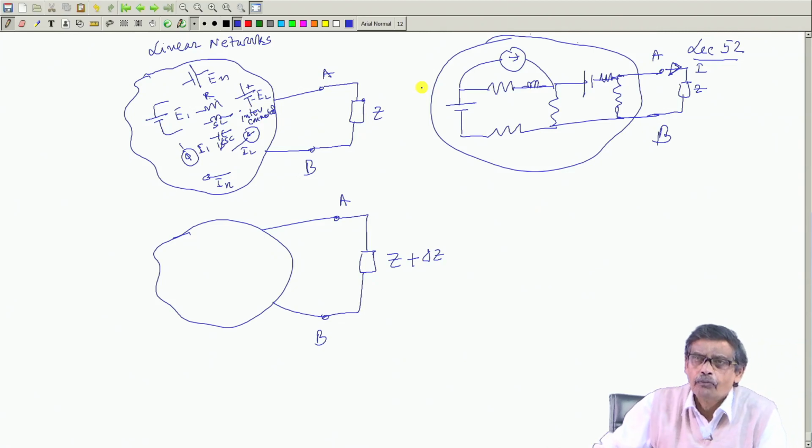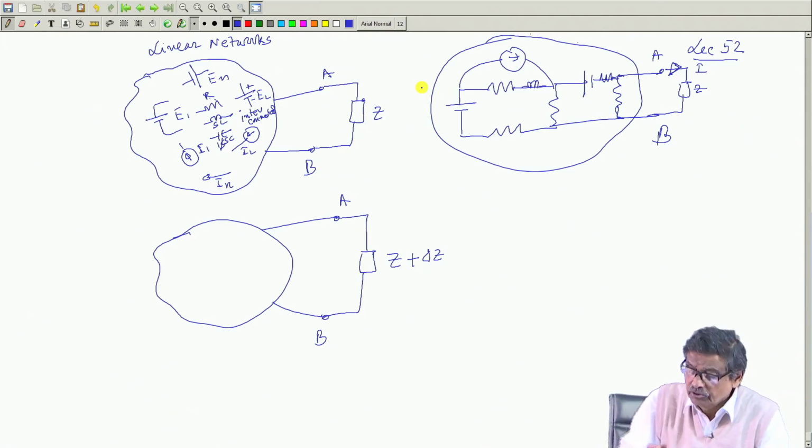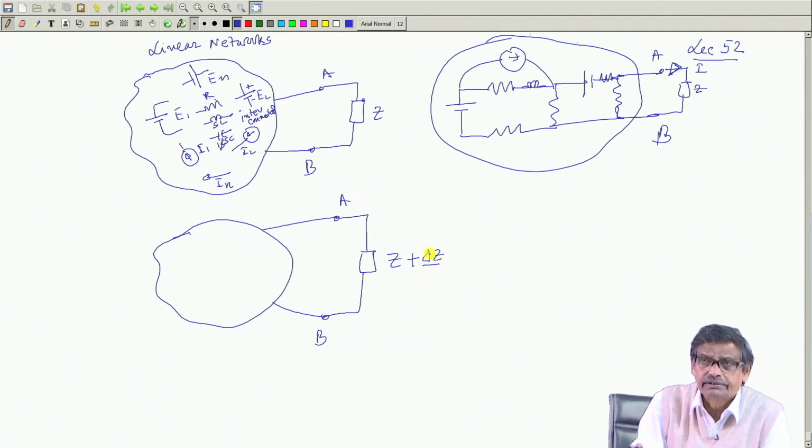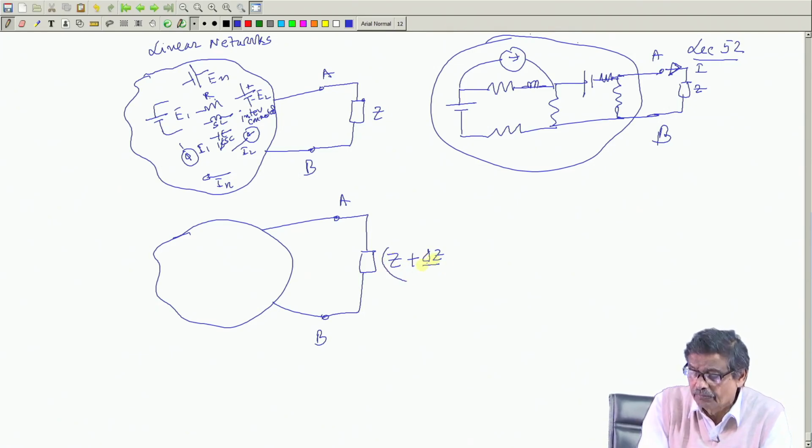Earlier it was 5 ohm, I have made it 8 ohm. That means there is a change of 3 ohm. So, this delta Z is not a calculus delta Z, it can be anything. With respect to the older value of Z, I have made a change in the value of Z, so that the total impedance now becomes Z plus delta Z.